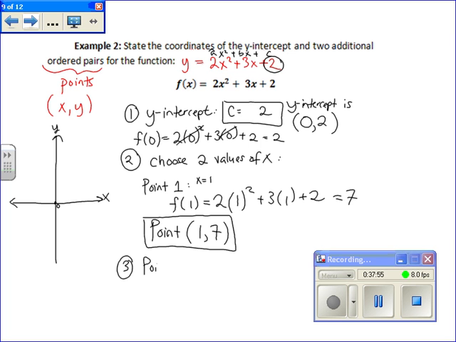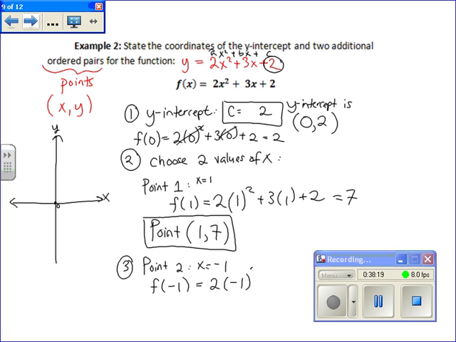Let's call this point 2. And let's choose a different value for x, anything you want. It could be negative 100, it could be 0.5, it could be something really simple, just like negative 1. Maybe I don't feel like doing a lot of math here, so I choose a simple value for x. And again, I can use function notation. When x is equal to negative 1, let's figure out what y is.